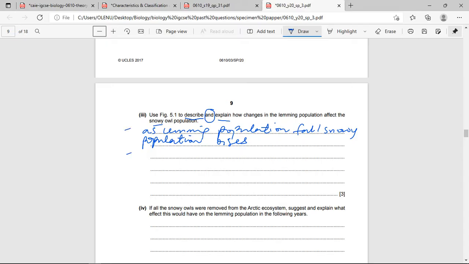That's one. Two, it's a 3-mark question. So what I've just written is a description of what I can see. Now, because of what? There will be less food. As lemming population falls, snowy population rises.